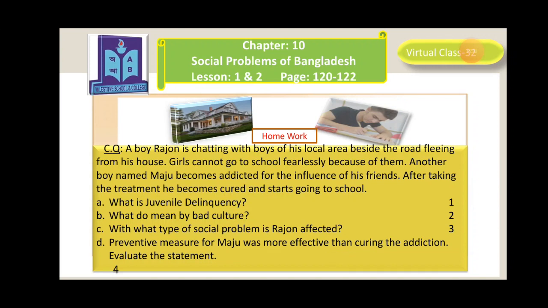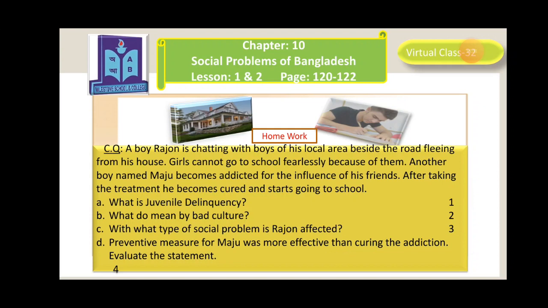Later on, number C: with what type of social problems is Rajan affected? So you can gauge that, I am not telling because you have to write it down yourself by gauging the creative, that means STEM. And then the next one: the preventive measure for Maju was more effective than curing the addiction.